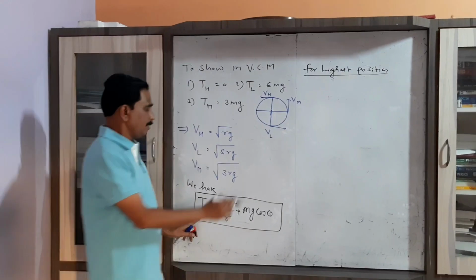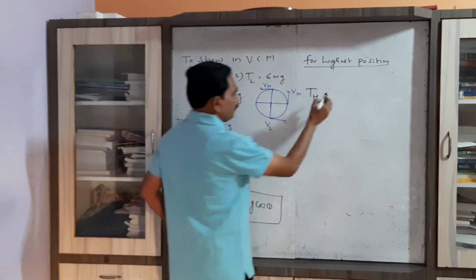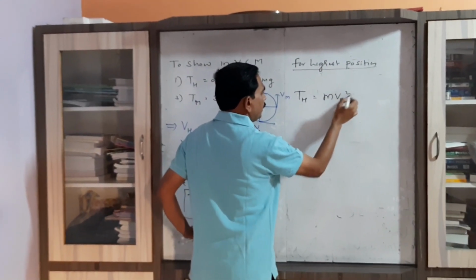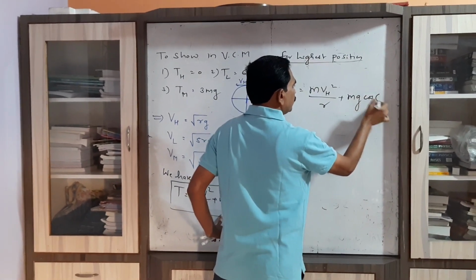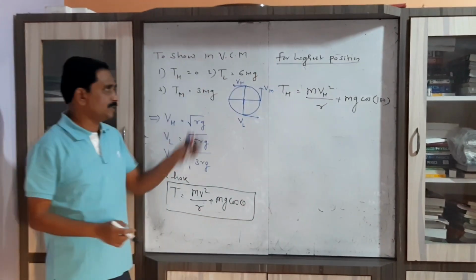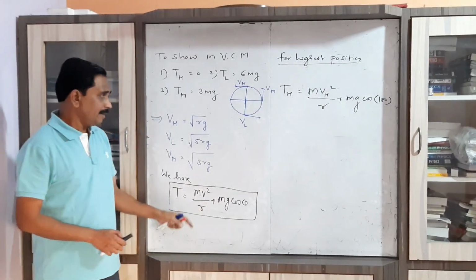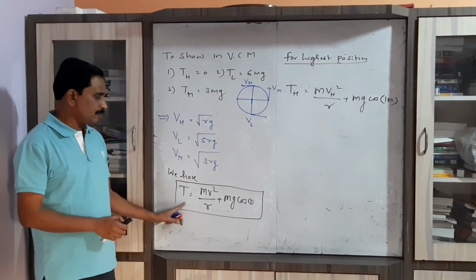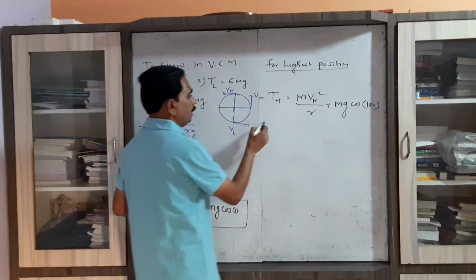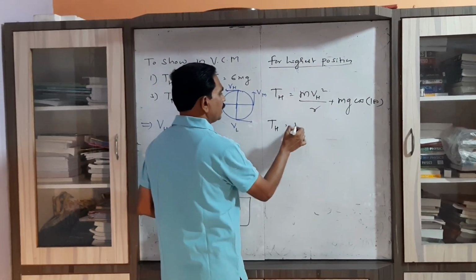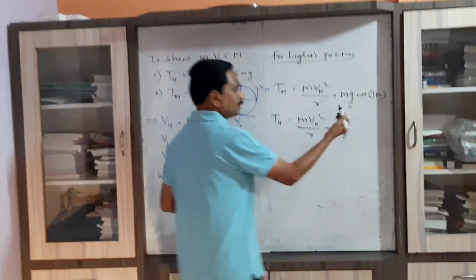The same formula becomes T_h equals m v_h square by r plus mg into cos 180, because when the body reaches the highest position, the angle becomes 180. Here we put T equals T_h, v equals v_h, and theta equals 180. So the tension at highest position becomes m v_h square by r minus mg, as cos 180 is minus 1.